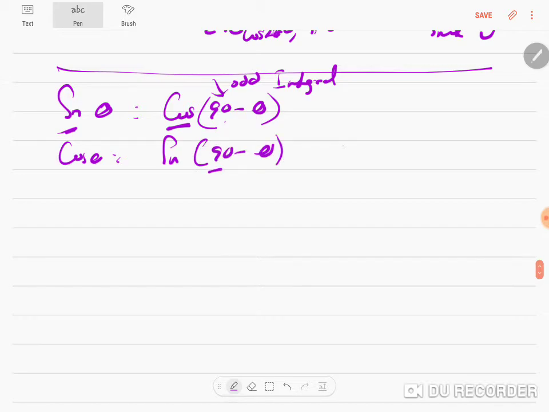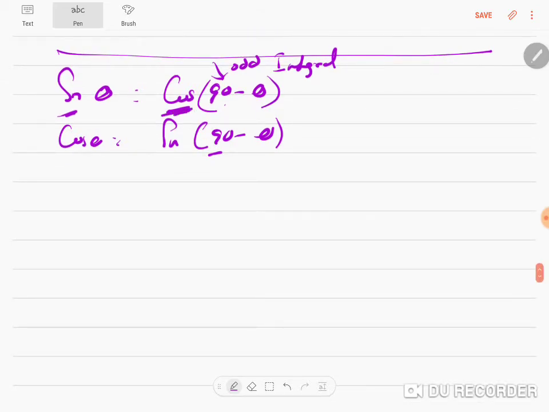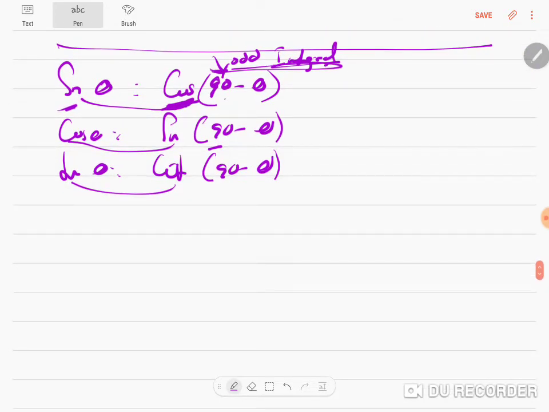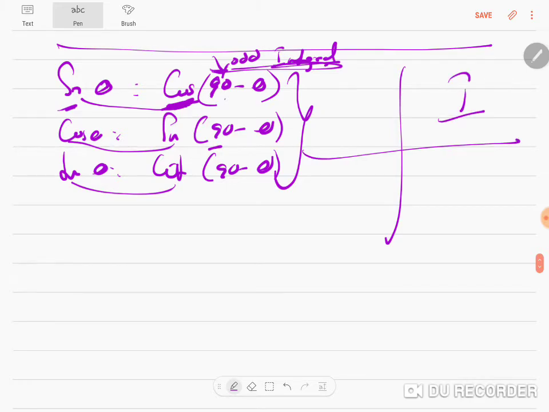So the complementary of sin is cos, and the complementary of cos is sin. Tan theta is cot (90 minus theta). These are all complementary because you are writing in terms of 90, and these are odd multiples. With odd multiples, a cos will become sin, a sin will become cos, a cot will become tan, and so on. And all these are 90 minus theta, and hence all of them belong only to the first quadrant.